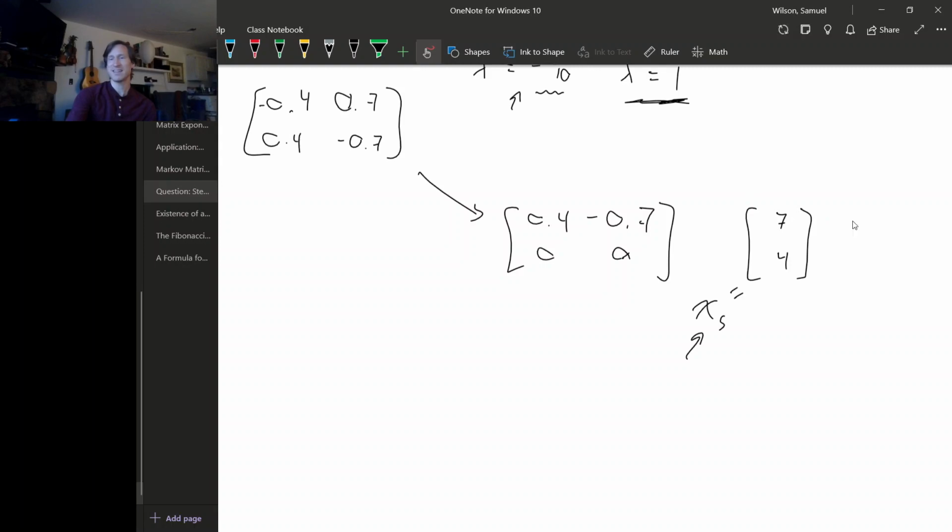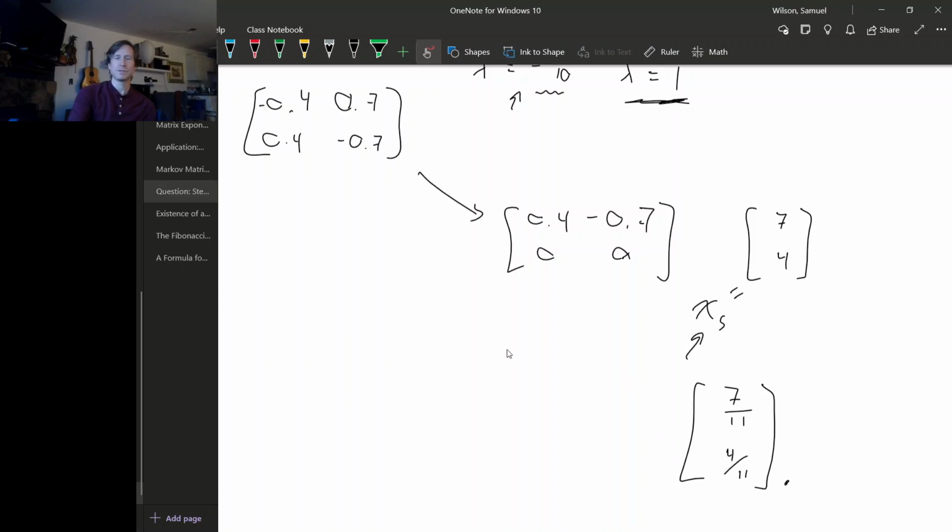We just need to take the steady state that we have and multiply it by an appropriate scalar. So the sum of these entries is 11, so we would just need to divide this whole thing by 11. So if we needed a steady state whose entries are probabilities, then it would be 7 over 11 and 4 over 11.